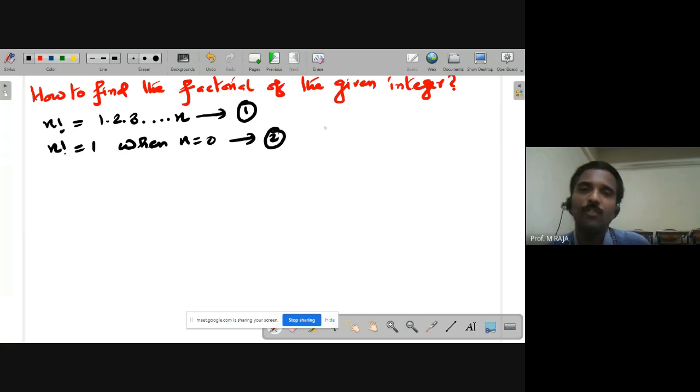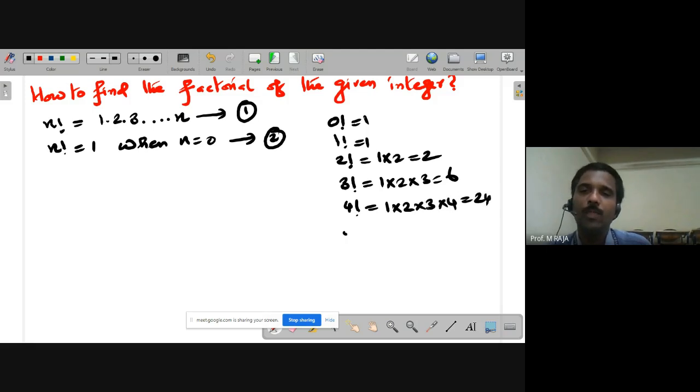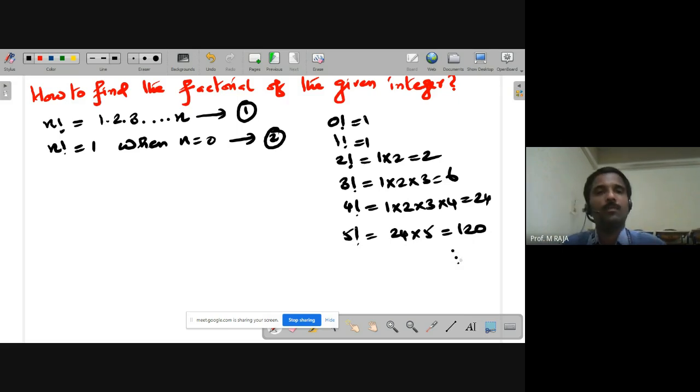This is another equation because 0 factorial is 1, 1 factorial is 1, 2 factorial is 1 into 2, this is 2, 3 factorial is 1 into 2 into 3, this is 6, 4 factorial is 1 into 2 into 3 into 4, this is 24, 5 factorial is 24 into 5, 120, this way it goes.